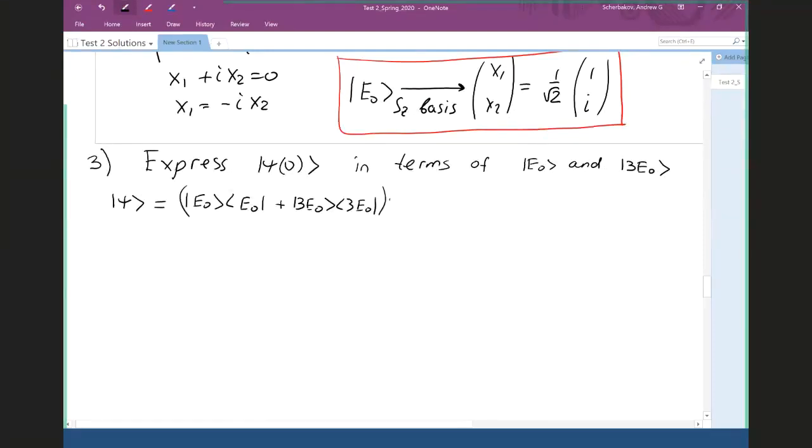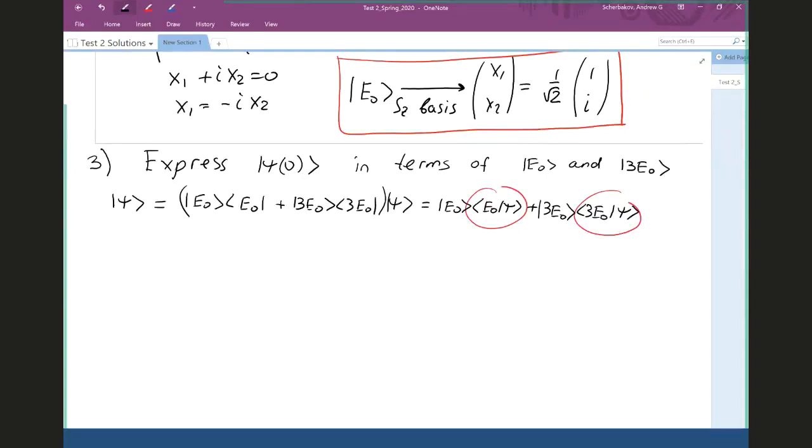If you multiply by psi, that is essentially E0 ket times bra E0 psi plus 3 E0 ket times bra 3 E0 psi. So what I need to find is those two probability amplitudes.